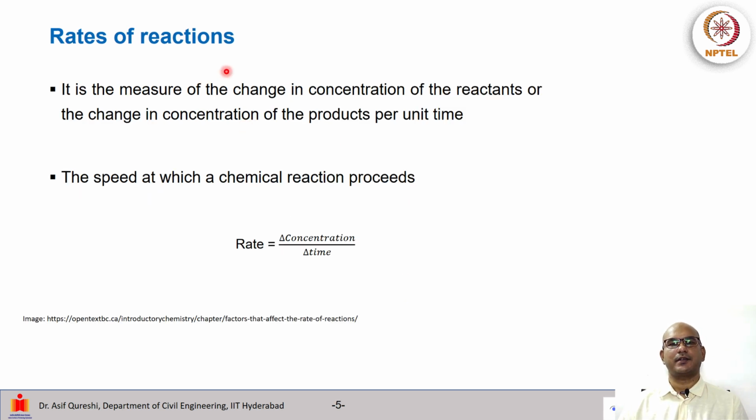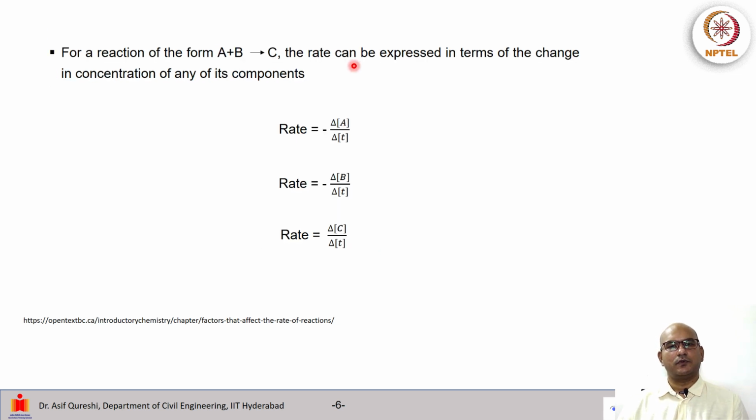So, rates of reaction basically are the measure of the change in the concentrations of reactants or the change in the concentrations of the products per unit time. And one can say the speed at which the chemical reactions proceed could be written as, for example, change of concentration of A per unit time. So, for the reaction A plus B gives C, the rate can be expressed in terms of the change in concentration of any of the components.